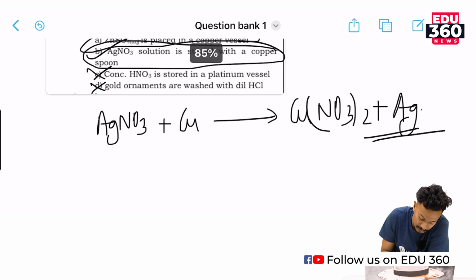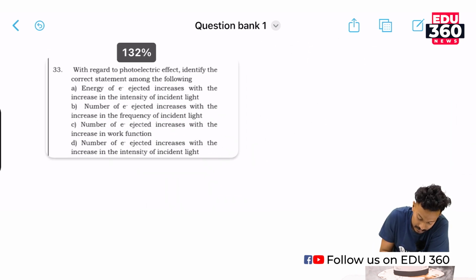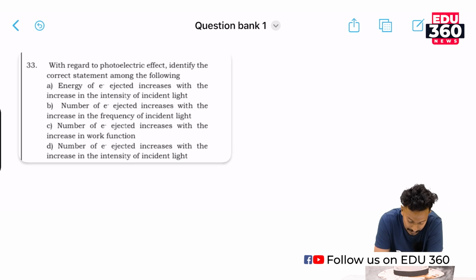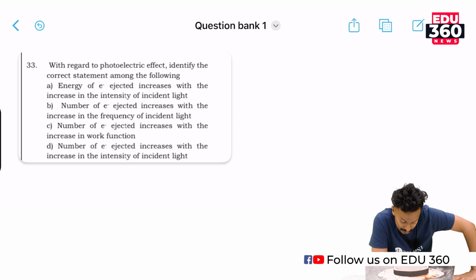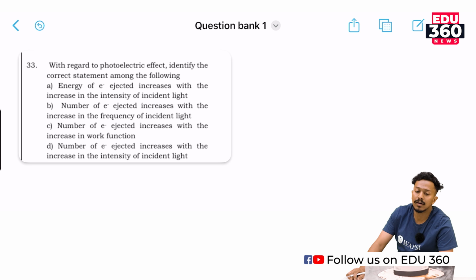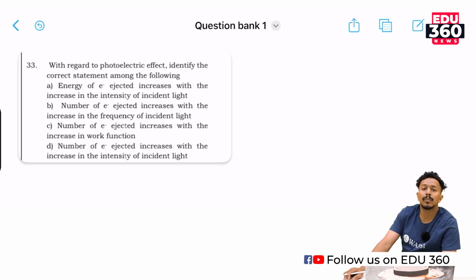Moving on to our next one. With regard to the photoelectric effect, identify the correct statement among the following. Energy of electrons ejected increases with the increase in the intensity of light. So it cannot be that, because the energy does not depend on it.